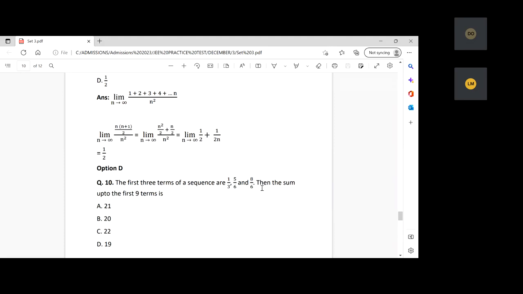What is the answer? The first three terms of a sequence, 1 by 3, 5 by 6, 8 by 6, sum up to first 9 terms is. Okay, I'm waiting for at least one or two of you to type the answer in the chat box, then we can discuss.